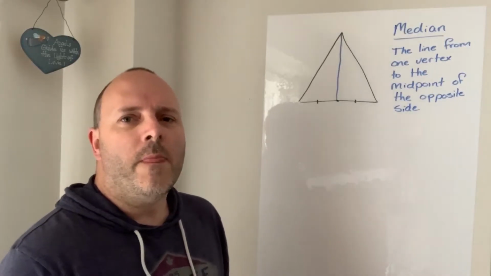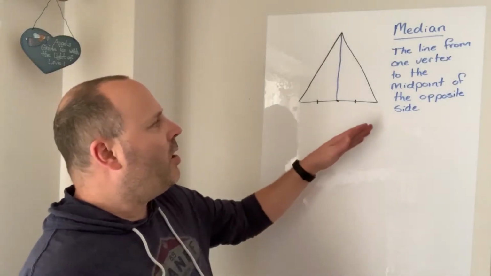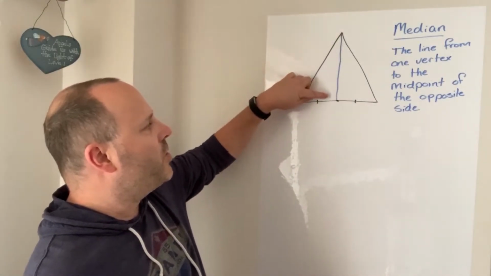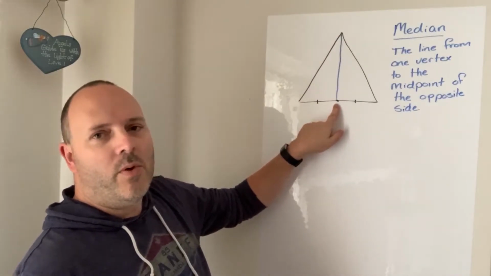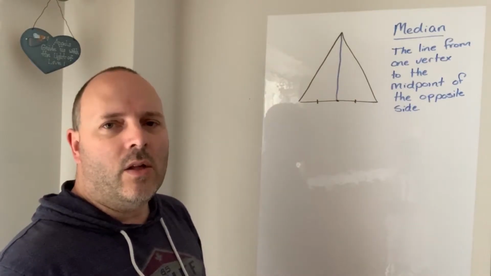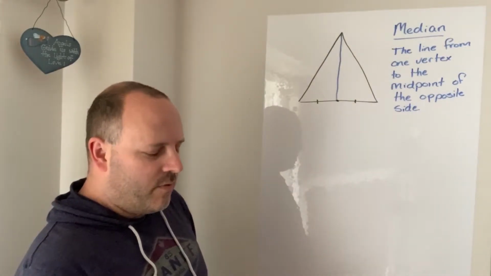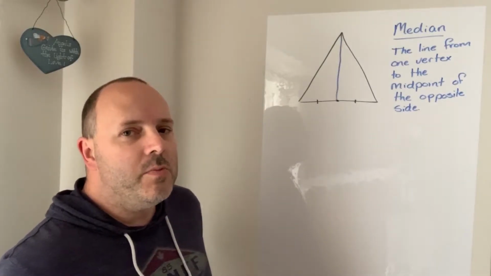Okay, so I need to start by just making a definition here. We call the line through the middle of a triangle from the vertex down to the midpoint of the other side the median of a triangle. I've drawn one median for this triangle in blue, but of course there's two other possible medians.